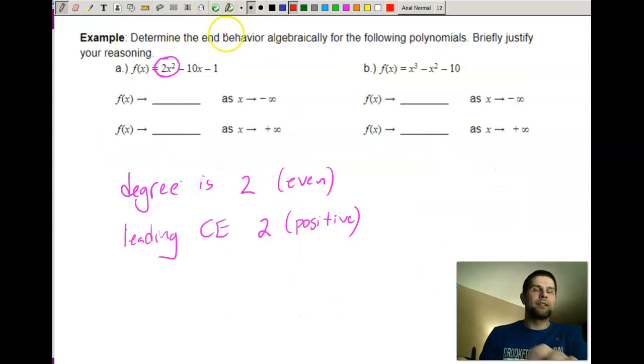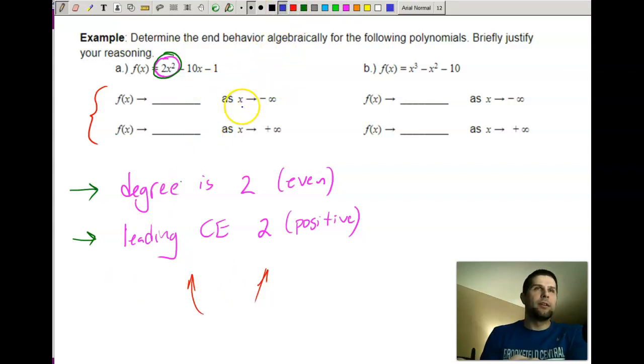So going back to that, what I always do is again, look at this, pick it apart. The degree is even, the leading number is positive, so I know my end behavior is going to go up and to the right, up and to the left. And then I want to put that formally, above. How do I write that in the formal notation?